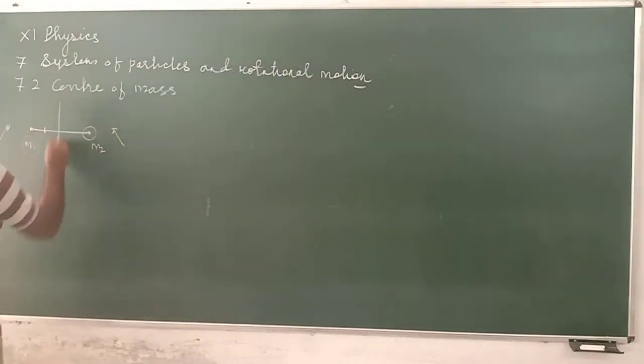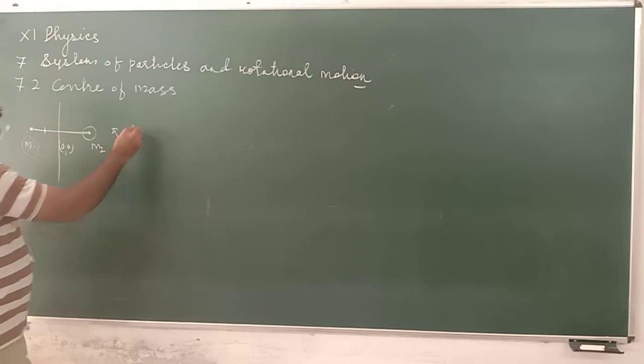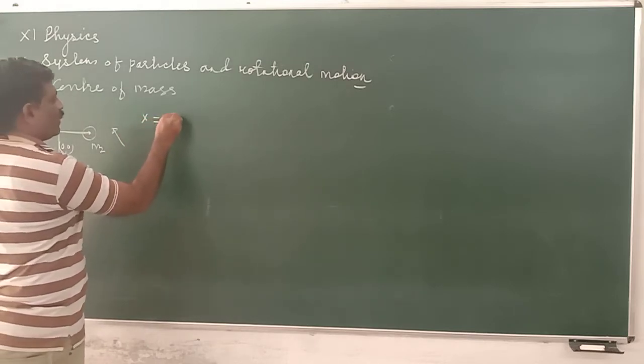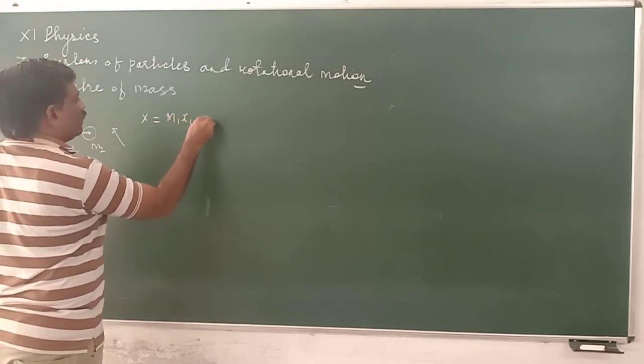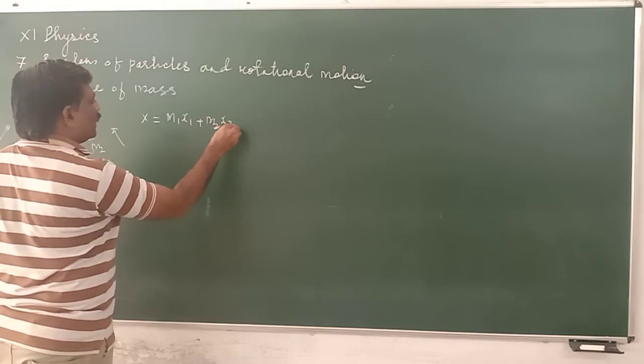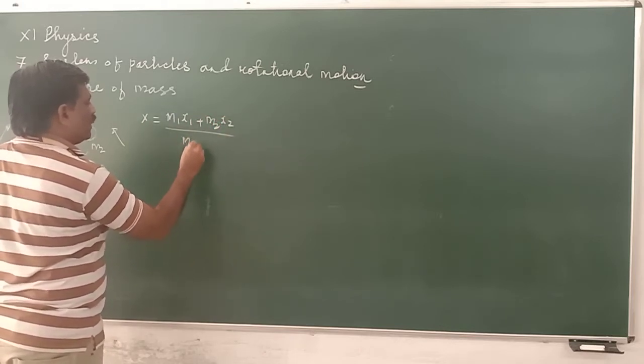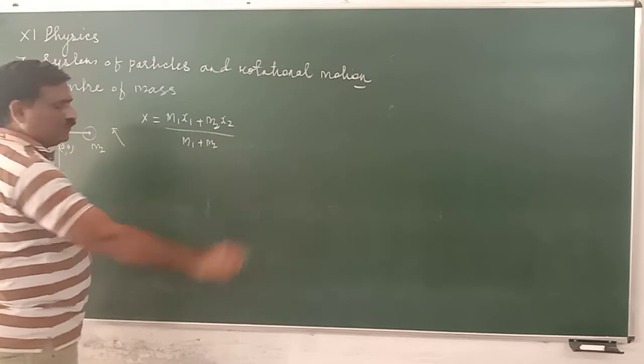Suppose we take this as the origin, here it is 0, 0. Then the center of mass x is given by m1 x1 plus m2 x2 divided by m1 plus m2.